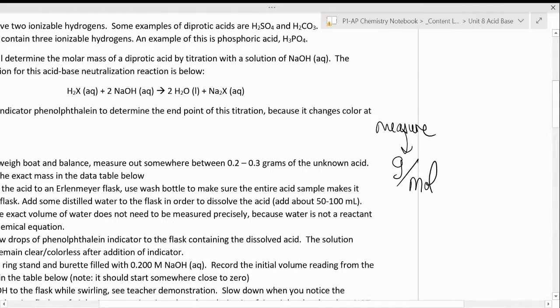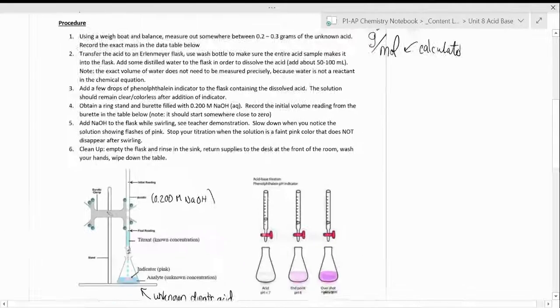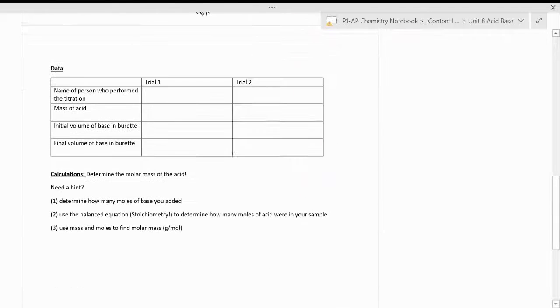So we're going to calculate the moles of acid based on our titration, and we measured the mass of our acid sample, so we can figure out the grams per mole ratio. We'll just take our grams of acid and divide it by our moles of acid, and that gives us the molar mass. That is our goal in the end with our calculations.